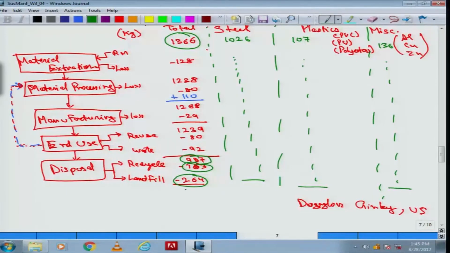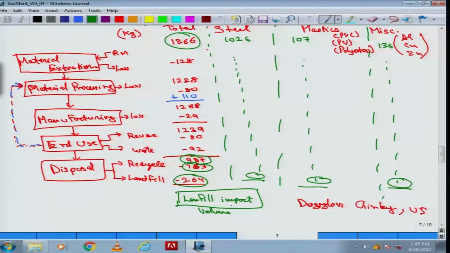So, what is the landfill impact here, right? This is actually weight. So, what is the volume for steel, volume for plastic, then volume for miscellaneous materials to do the landfill.